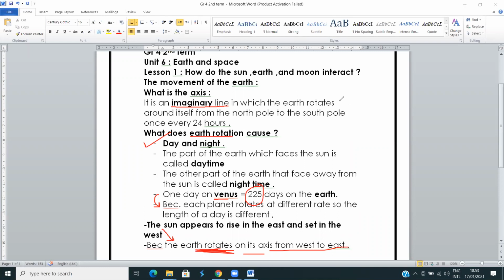What is the axis? Axis of the Earth. Axis is the imaginary line from the north to the south, from the North Pole to the South Pole, in which the Earth rotates around itself.